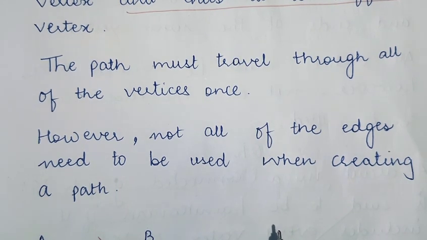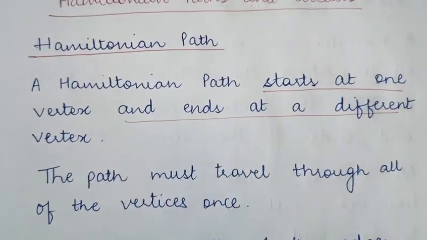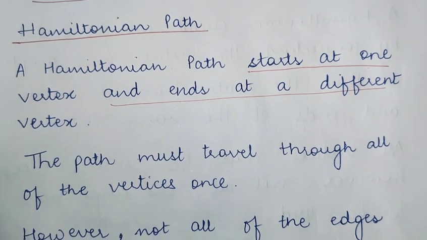So it is not compulsory to visit all the edges of the graph, but it is compulsory to visit all the vertices of the graph, and those vertices must not be visited more than once, and the walk should not have the same starting and ending vertex. The starting vertex and ending vertex must be different. Such a walk is called a Hamiltonian path, right?